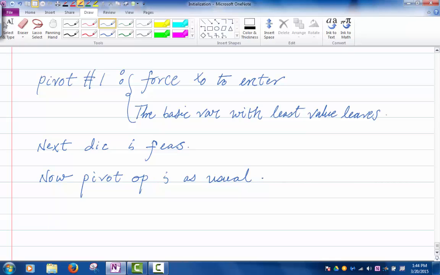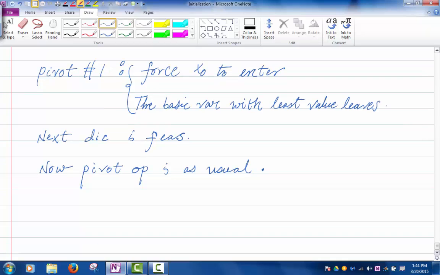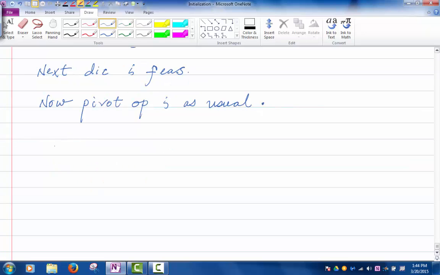Okay, so now the last step is, we are talking about the auxiliary problem, and as you go through the dictionary, so let's say you have D1, D2, and then at some point you come to your final dictionary for the auxiliary problem. Let me say this is the D_AUX star.